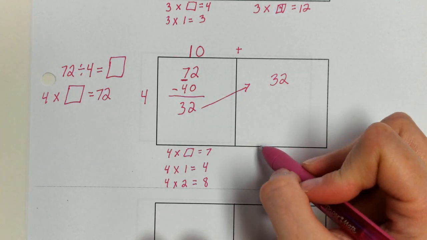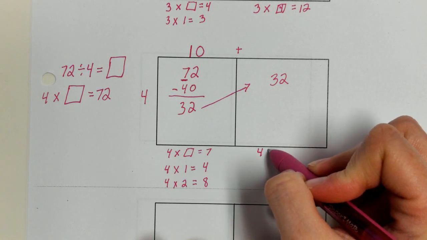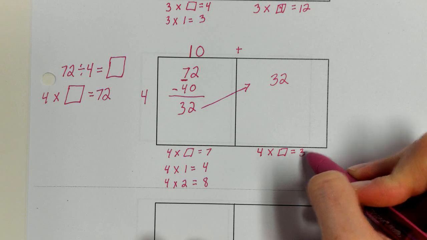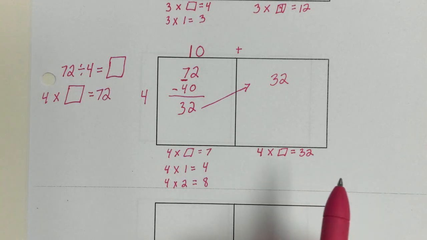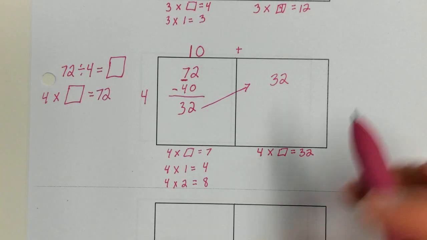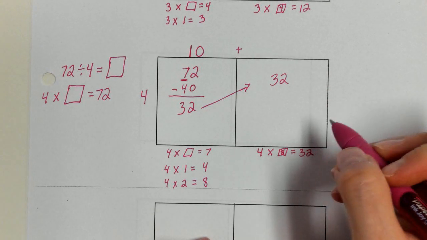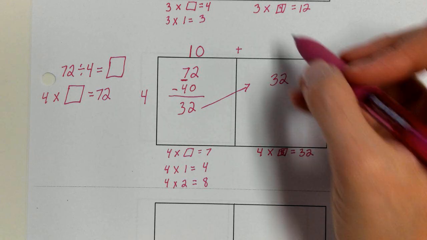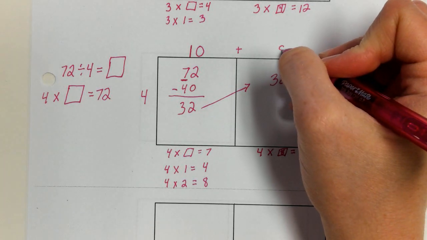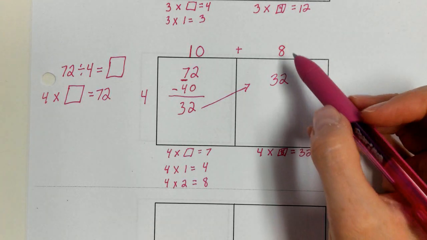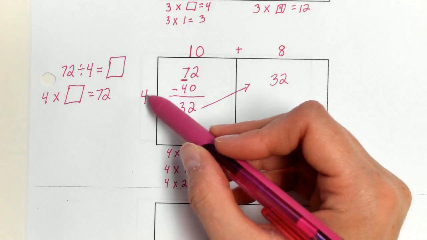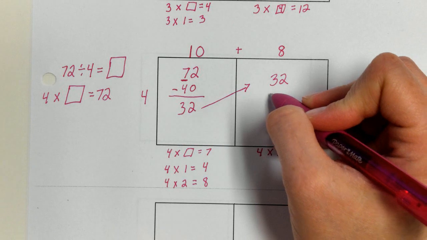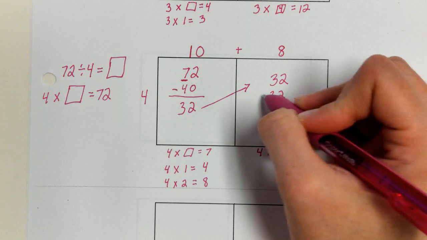All right. Now I'm going to think. 4 times a mystery number equals 32. What is it? 8. Where will my 8 go? Right on top, by the 1, at the top of the box. 8 times 4 equals 32.